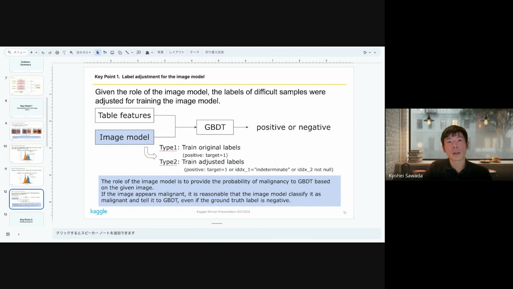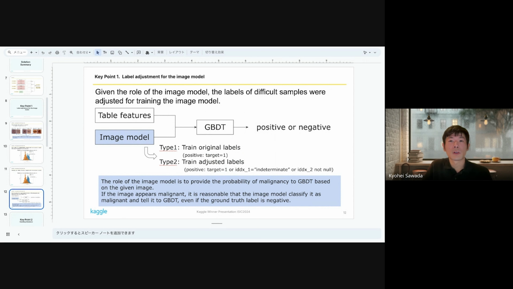So with this in mind, I trained two types of image models. One with original labels, which means the target, and another with adjusted labels for cases where IDDX1 is indeterminate or IDDX2 has a diagnosis.